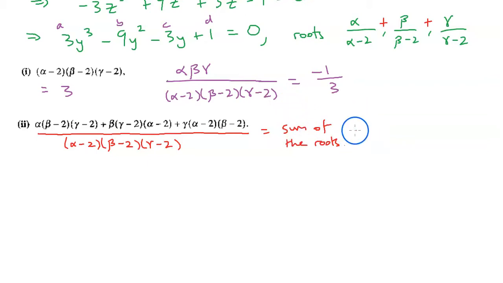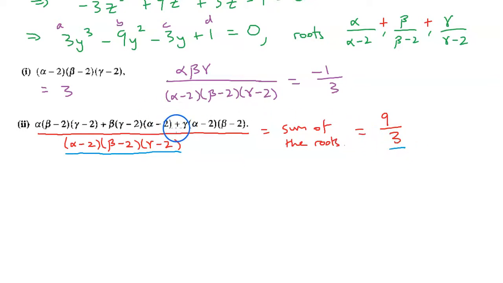Alright, and the sum of the roots is clearly going to be equal to negative b divided by a, so negative negative 9 divided by 3. So that is positive 9 divided by 3. I'll just leave it as positive 9 divided by 3, because as we worked out before, the thing on the bottom is actually equal to 3.